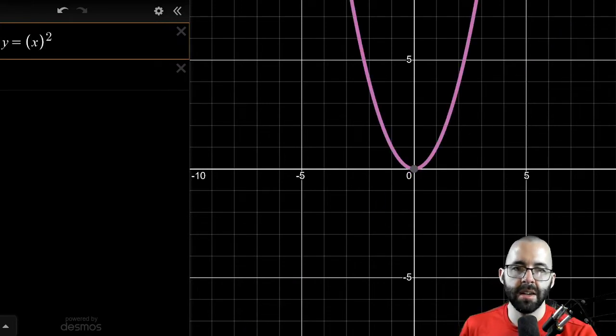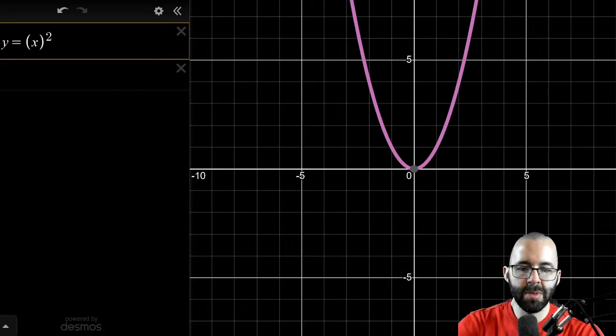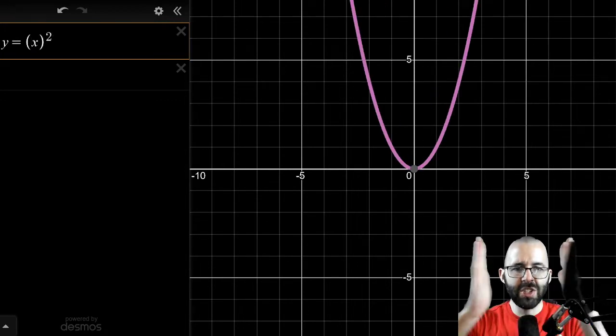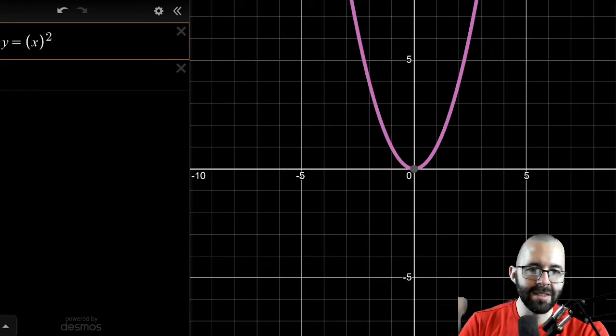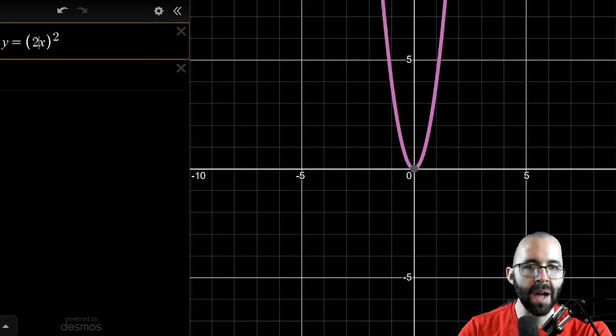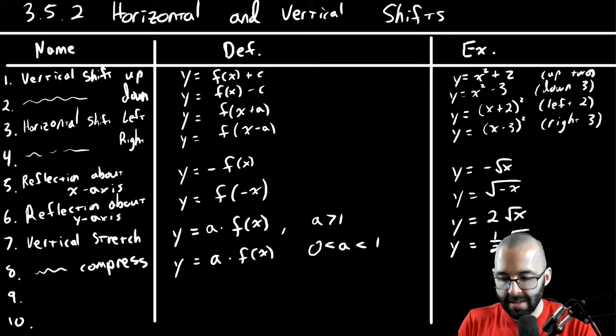If I multiply by a 2, it does not horizontally stretch it at all, right? If I multiply by a 2, it horizontally compresses. It's squishing it together. So it's kind of like how I said earlier that things on the inside of the functions, horizontal things, kind of work backwards from what you might think. So multiplying by 2 horizontally compresses.